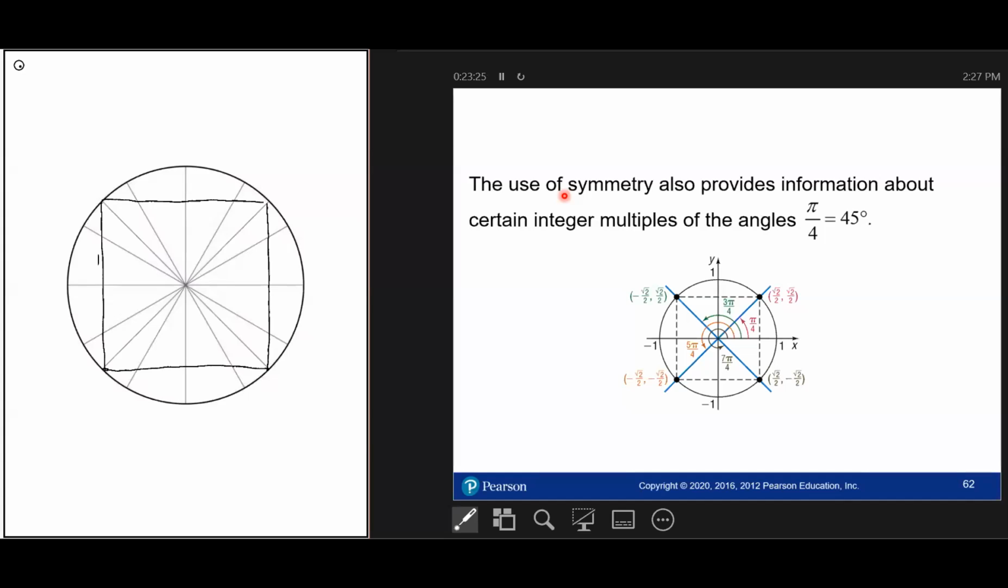So we have this situation where this is 45 degrees and this is 135 degrees. So this is pi over 4 and this is 3 pi over 4. And then we have 5 pi over 4, and then 7 pi over 4, or the 45, 135, and what is this one? 225, and this one is 315.